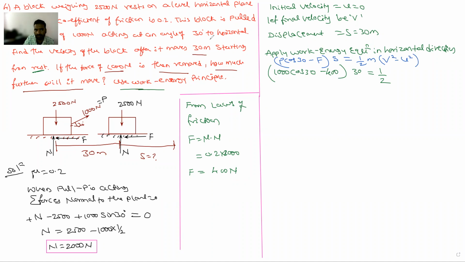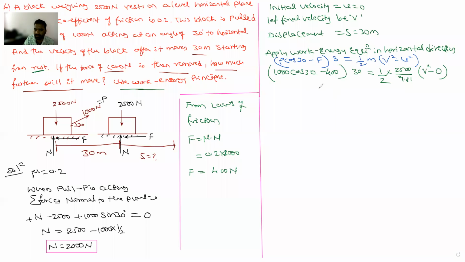Is this correct? Yes. Next, half. What is M? W by g. W is equal to 2500 divided by 9.81, into the final velocity V square minus initial velocity, which is 0.